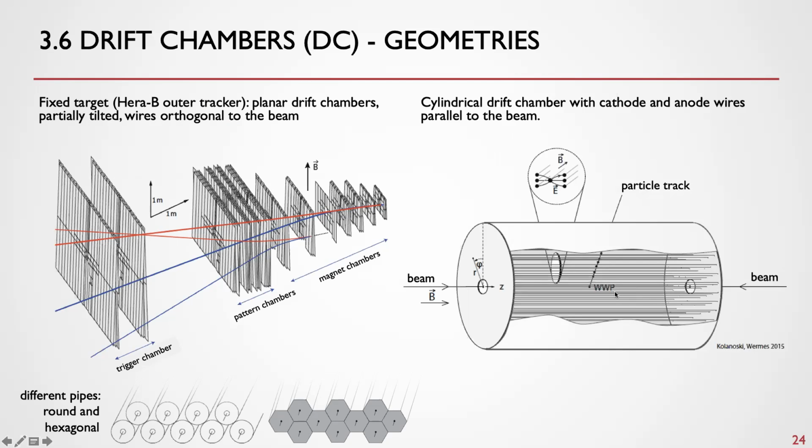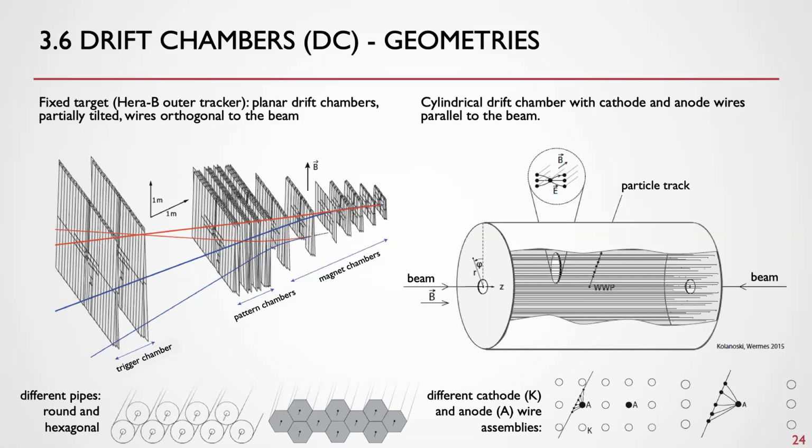A magnetic field must be applied, by a solenoid magnet, for example, which will then be also parallel to the beam pipe and causing the bending of the tracks of the charged particle. This is a schematic example. In the transverse plane, it looks like this.